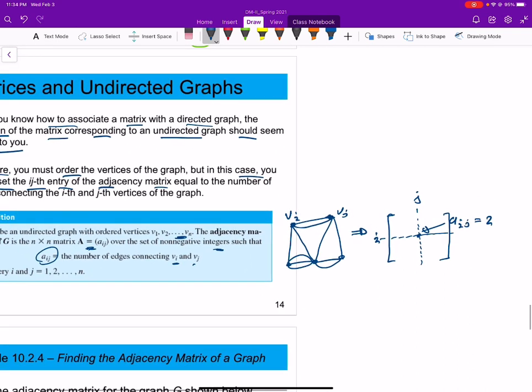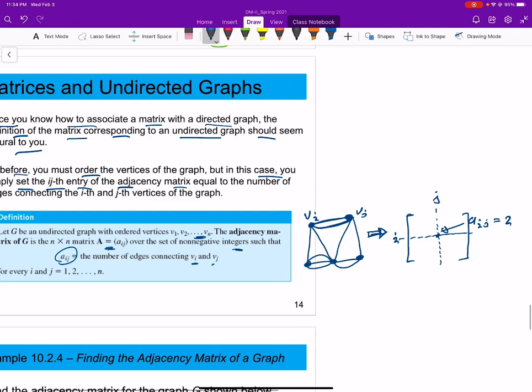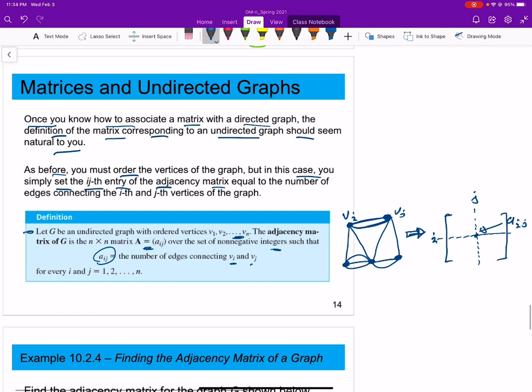You can understand that because there are two edges between i and j. So that is explaining this definition.